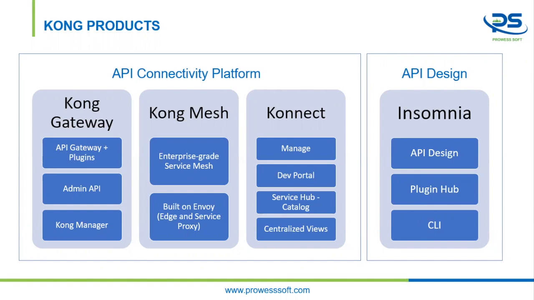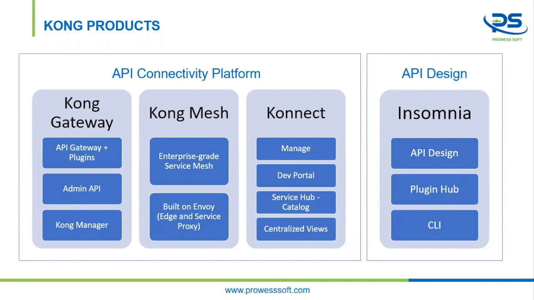Another, more dynamic way is using an imperative way of configuration. This is done through Kong's admin API that exposes a set of RESTful APIs. We'll also take a look at Kong Manager, which is a UI that is exposed to manage all the objects on the API gateway.